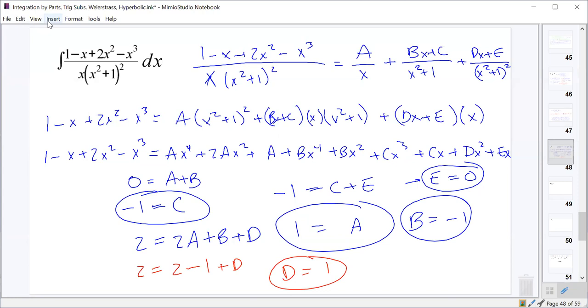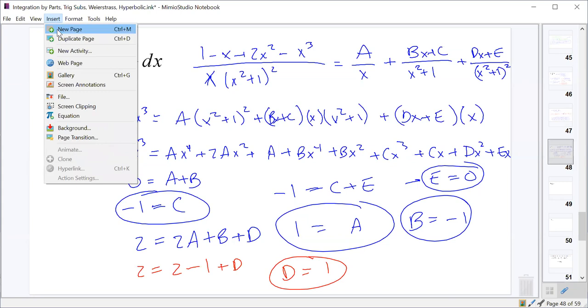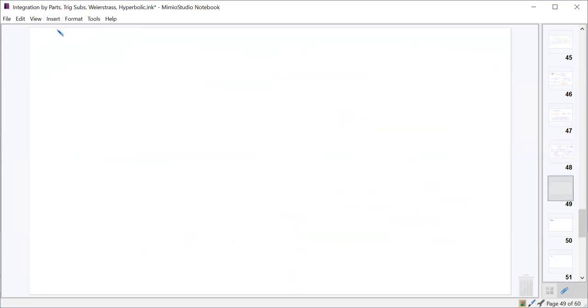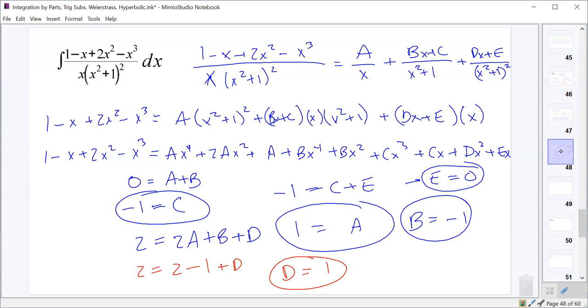So now we will rewrite this all out as another integral. So we've got 1 over x. I think we had, what was the next one? Negative x minus 1. So I could take a minus 1 out of both of those.